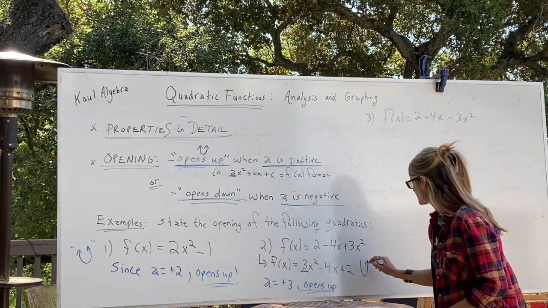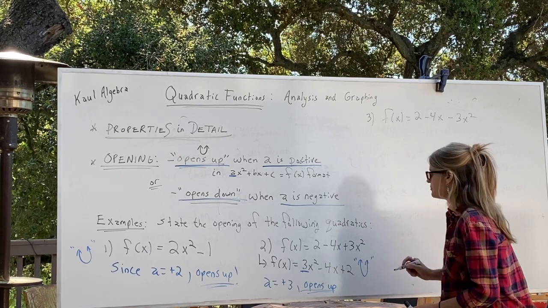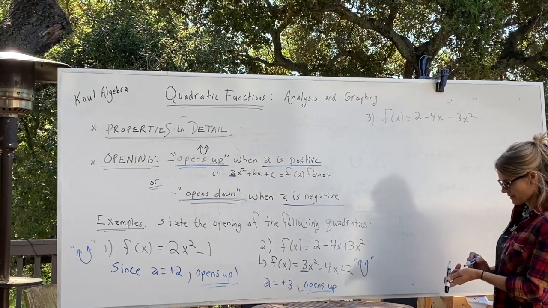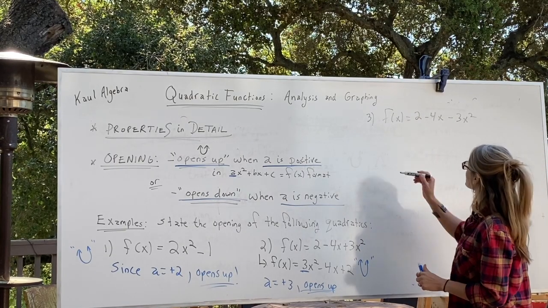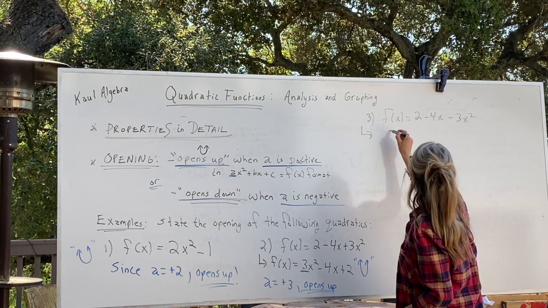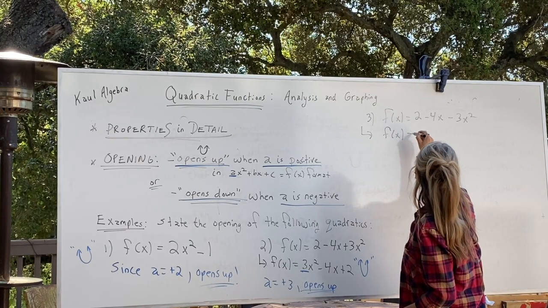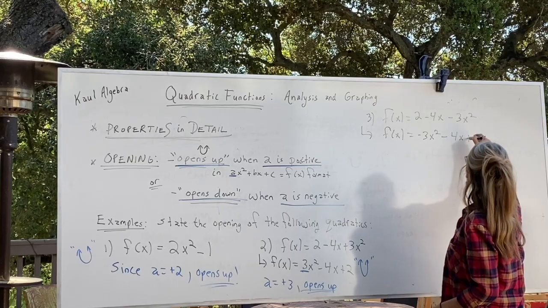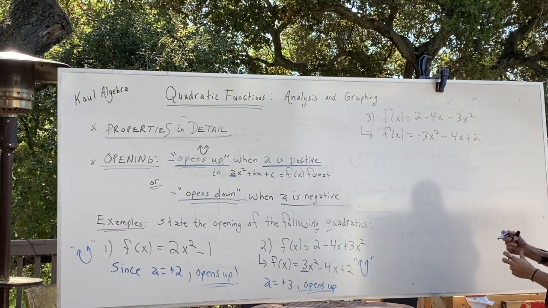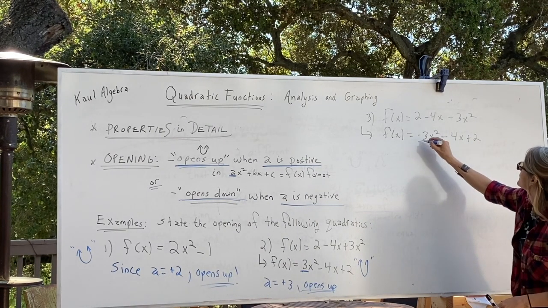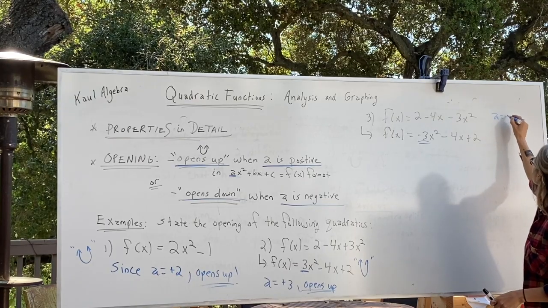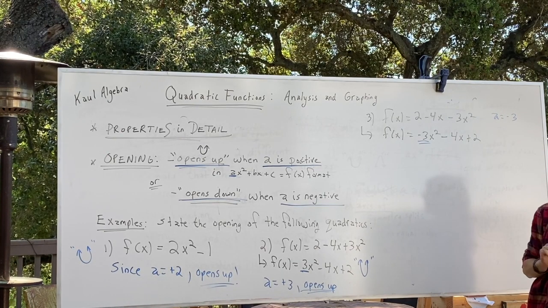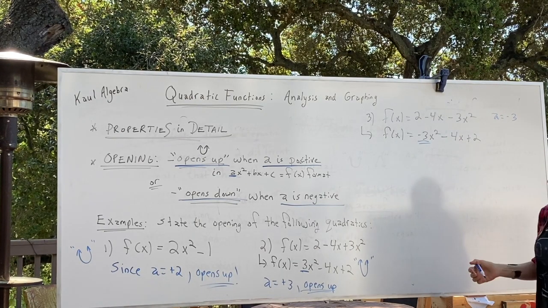So this opens up this way, but in this case, when I rearrange this, I get f of x equals minus 3x squared minus 4x plus 2, and I can see that my a value now is negative 3, which gives you an umbrella shape.